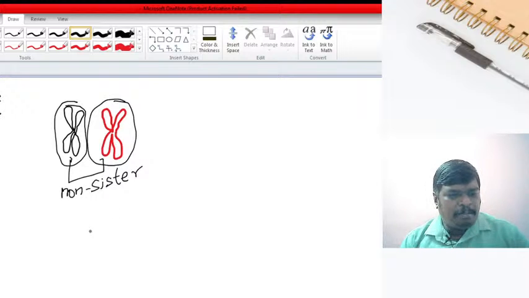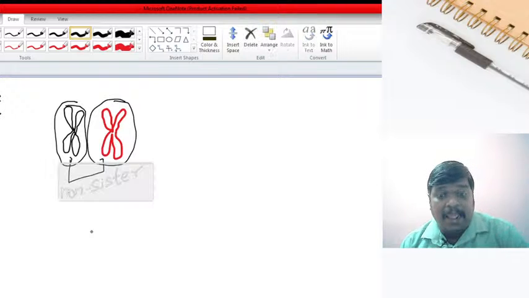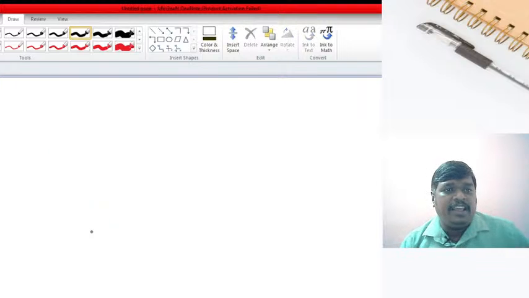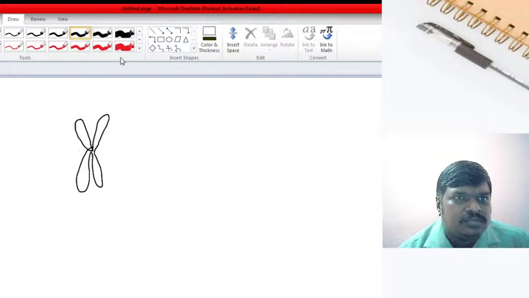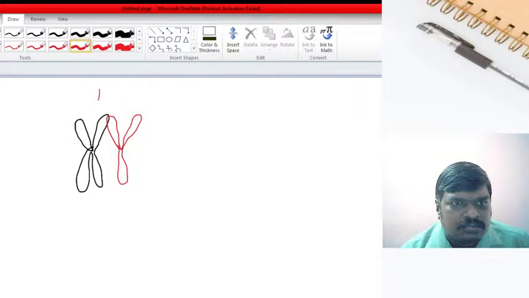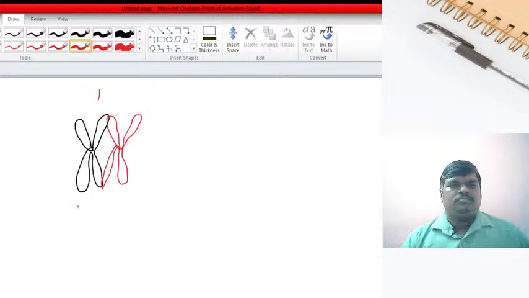Now what will happen? The pairing takes place between the non-sister chromatids, like this. Got it?